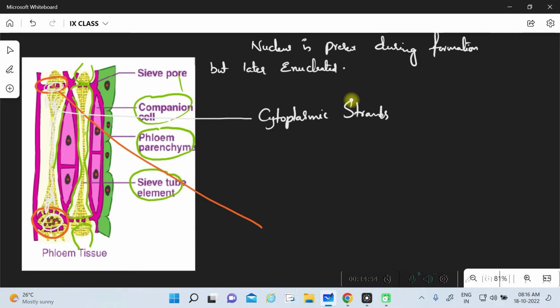We can see the extension of cytoplasmic strands from one sieve plate to another sieve plate. So that is the structural description of the sieve tube. Now we'll move to the second element of the phloem, which is called companion cells.